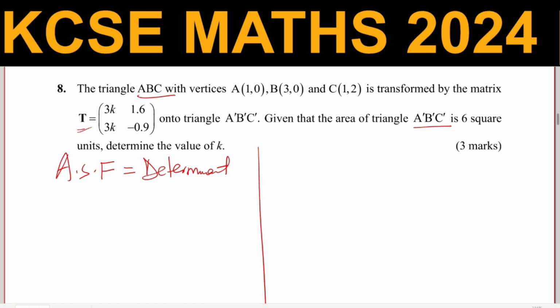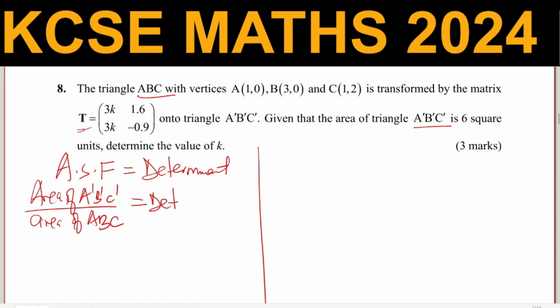Area scale factor in this particular question will be the area of the image divided by the area of the object. That should give us the determinant of this matrix of transformation. So the first thing that you need to get is the determinant. So let us get the determinant.